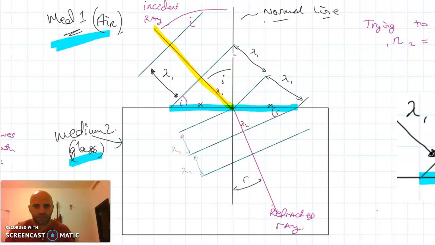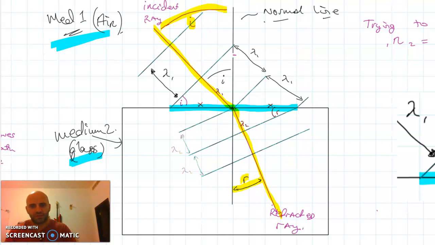It's moving through medium 1, strikes the medium 2 surface, is refracted, is bent towards the normal here, and continues on its way. So that means that the angle of incidence, I'll just highlight that here, that's the angle I. I'm just going to use I and R for this instead of theta 1 and theta 2. It's just handier, I think. And the refracted angle is down here, R.